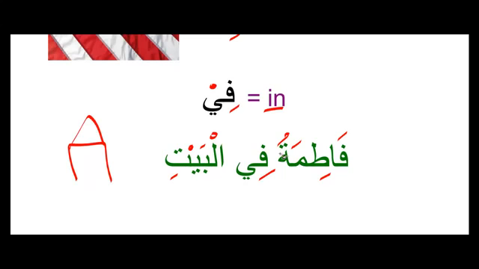And Fatima only has one dhamma because it's also an exception. And we'll talk about how it's an exception along with America later on. For now, just focus on how the Huruf al Jarr fi is used in the sentence and its positioning in the sentence. Fatimatu fil bayti. Fatima is in the house.